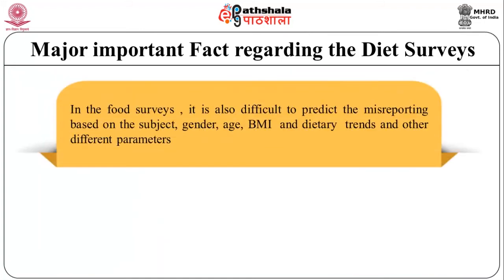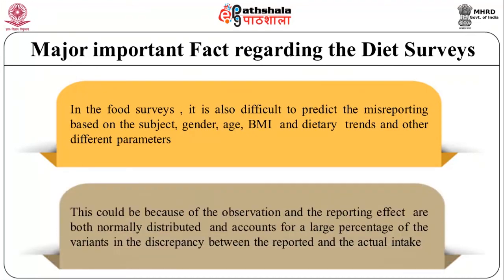In food surveys, it is also difficult to predict misreporting based on the subject's gender, age, BMI, dietary restraint and other different parameters. This could be because the observation and reporting effects are both normally distributed and account for a large percentage of the variance in the discrepancy between the reported and the actual intake.